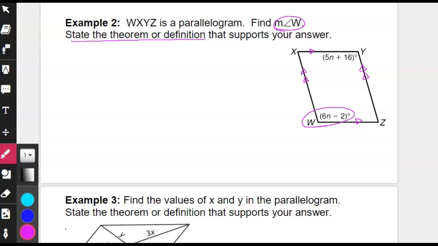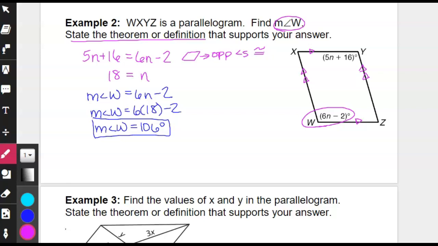They must be congruent. So if you know the angles W and Y are congruent, then we know their measures must be what? Their measures must be equal. So take a moment to set up your equation, put your theorem that tells us why, the shortened version please, and go ahead and solve for the measure of angle W. Pause your video.